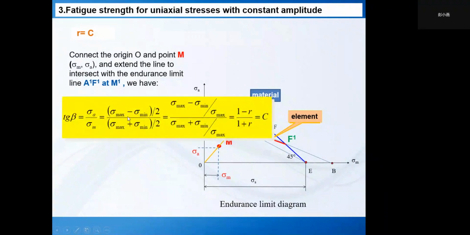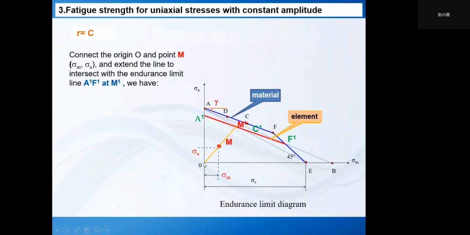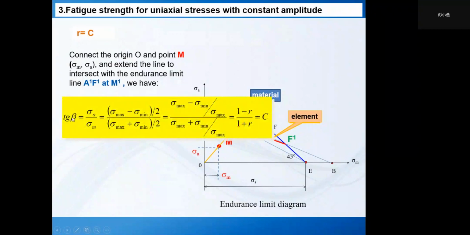Then for this line O, M, M1, we have sigma A over sigma M is this.